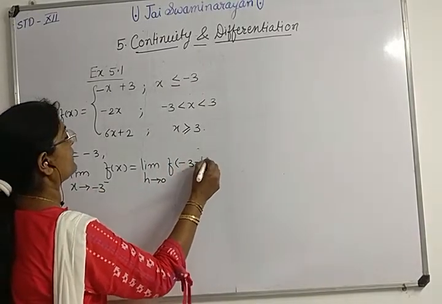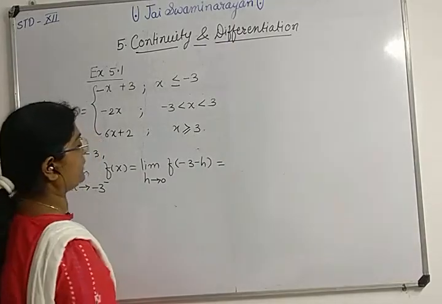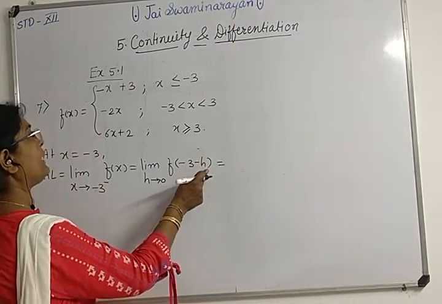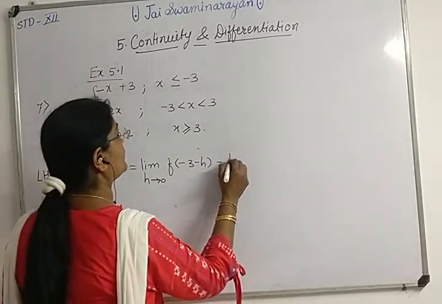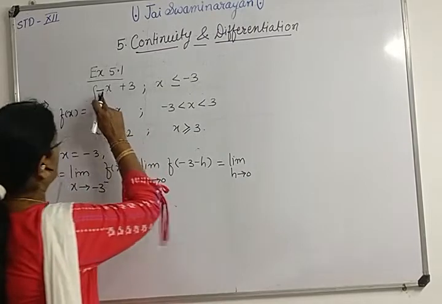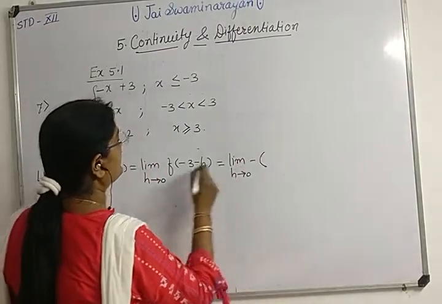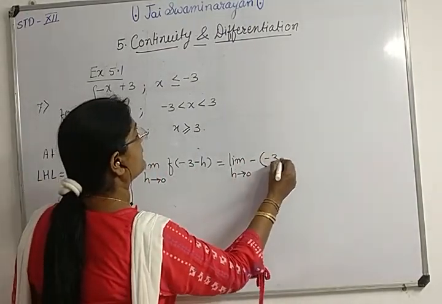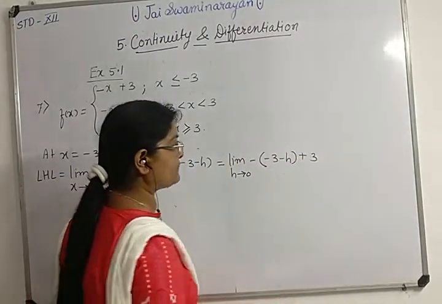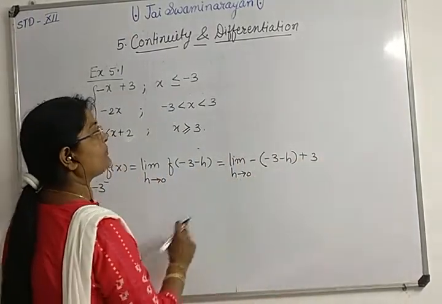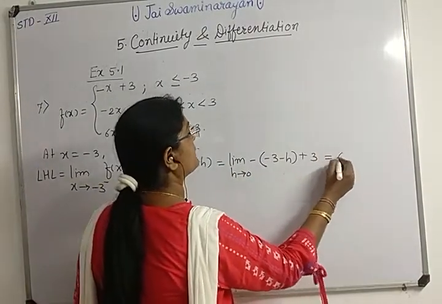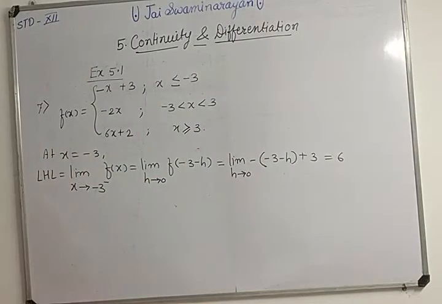Instead of x we have to write -3 minus h. So it is equal to limit as h tends to 0 of minus x, in place of x we write -3 minus h, and then +3. Now put the value of h at 0. So minus into minus 3 is +3, 3 plus 3 is 6. So its value is 6.